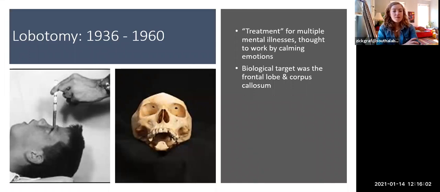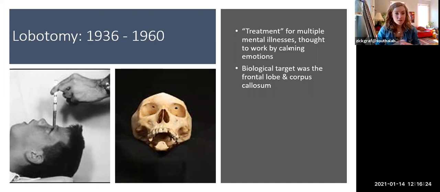A biological treatment that has been used even more recently in our recent history is lobotomy. So lobotomy is a procedure that involves severing the corpus callosum, which is the band of nerve tracts that connect the two hemispheres of the brain, so the two halves of the brain. I'll talk about this a little bit more in the neuroanatomy lecture.